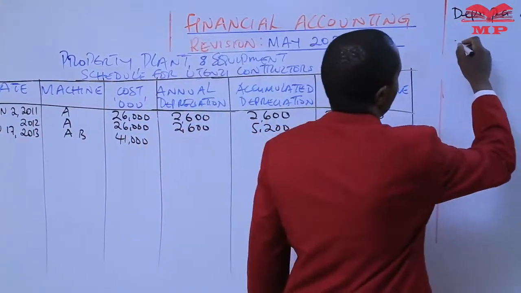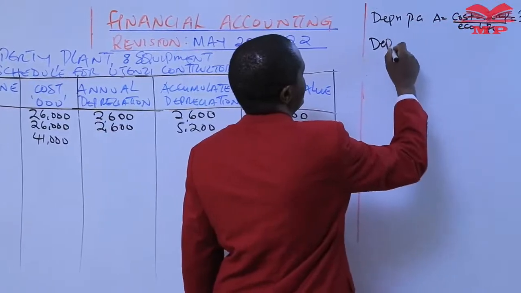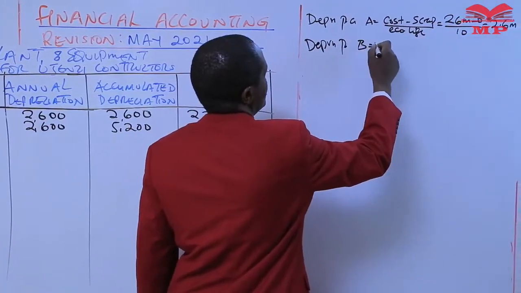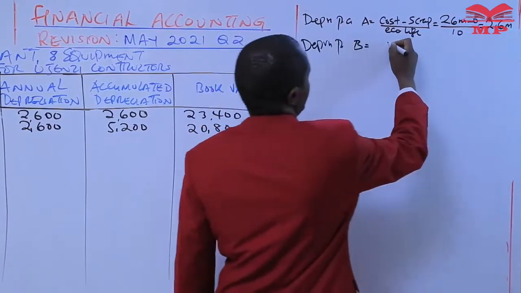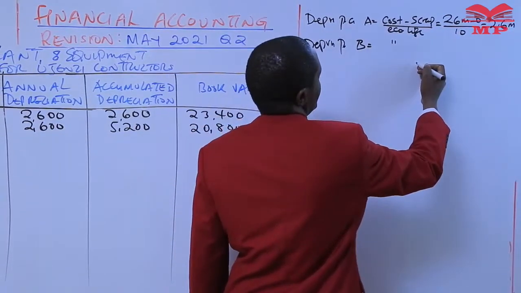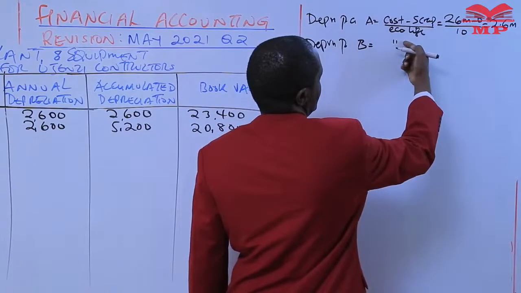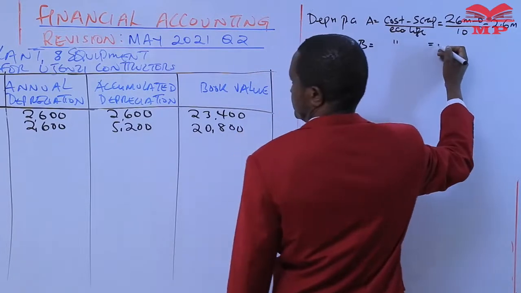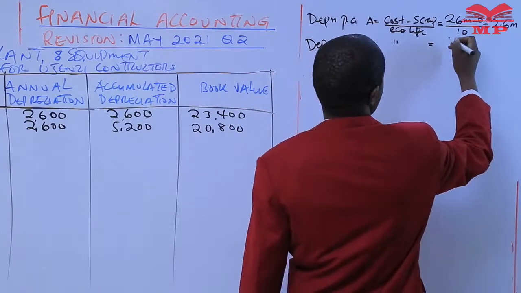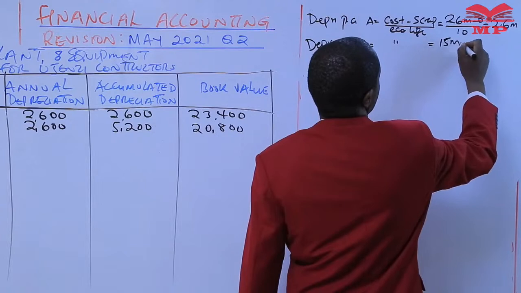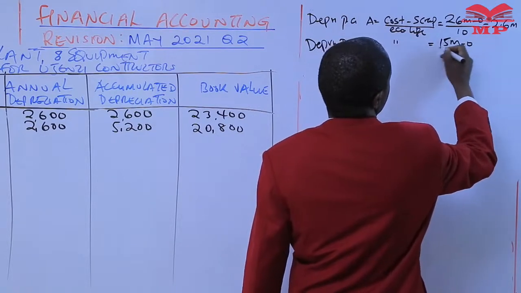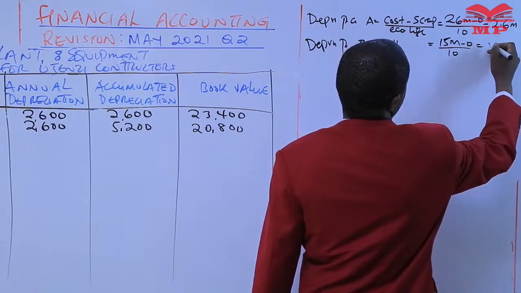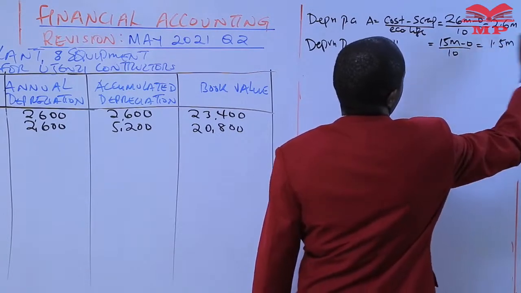We will then calculate the depreciation per annum for machine B. The straight line method is cost minus scrap value over economic life, which is 15 million minus 0 divided by 10, equal to 1.5 million.